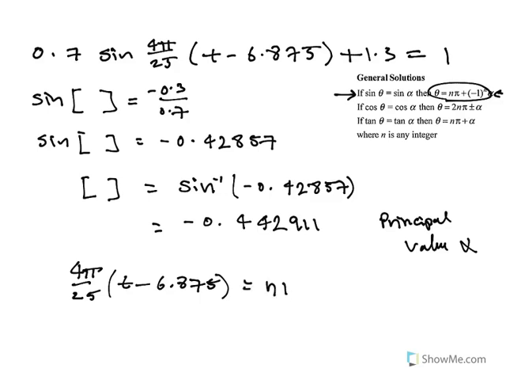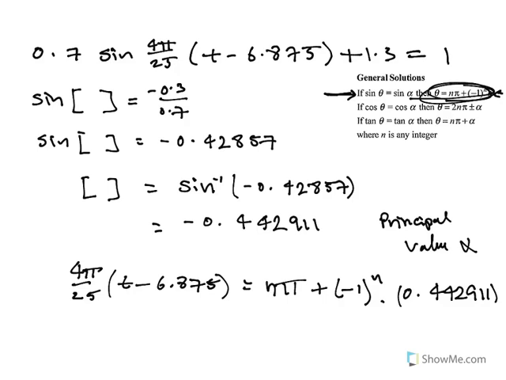It equals n pi plus negative 1 to the power n times alpha, which is 0.442911. So I'm just taking that expression: theta is 4 pi over 25 of t minus 6.875, then it's n pi plus negative 1 to the power n times alpha.